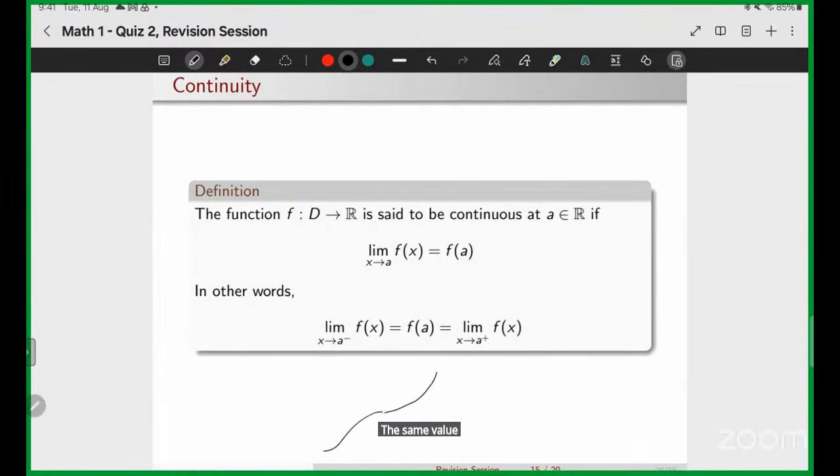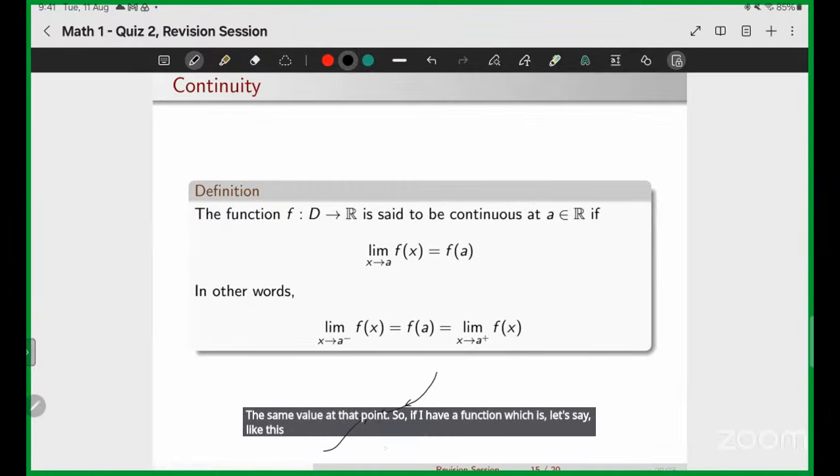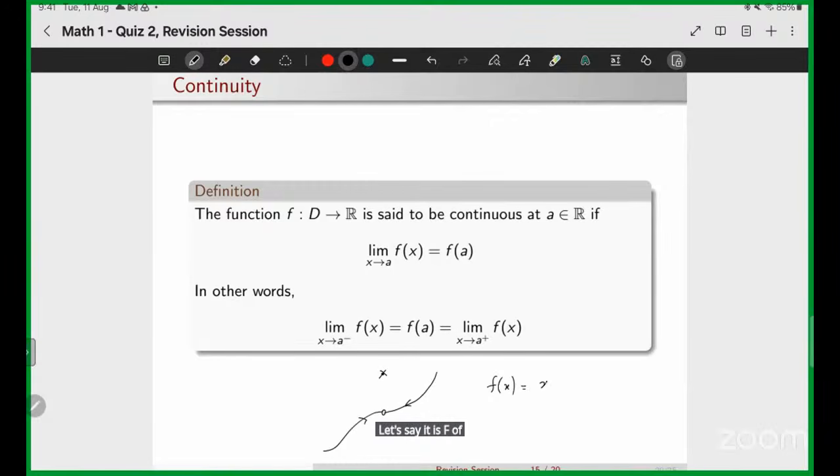Let's say f(x) = x^3 if x is not equal to 0, and let's say I just call it 2 if x is equal to 0.